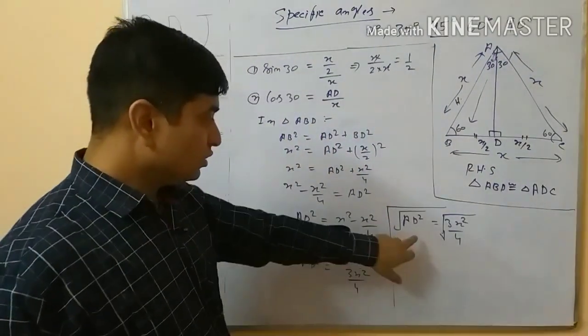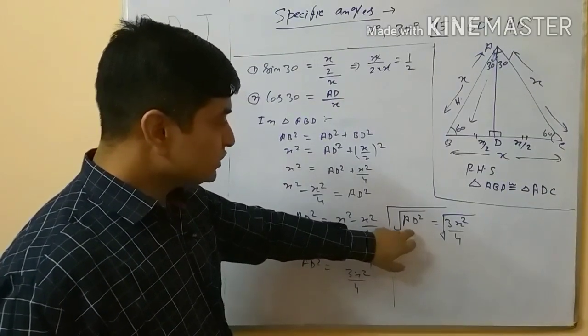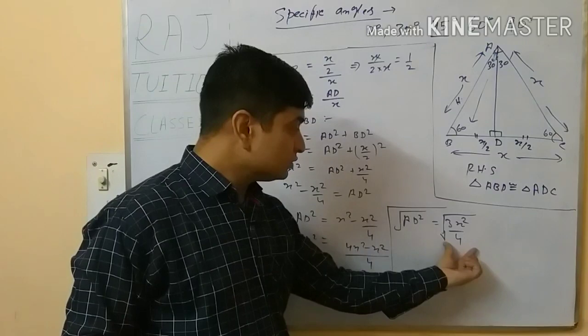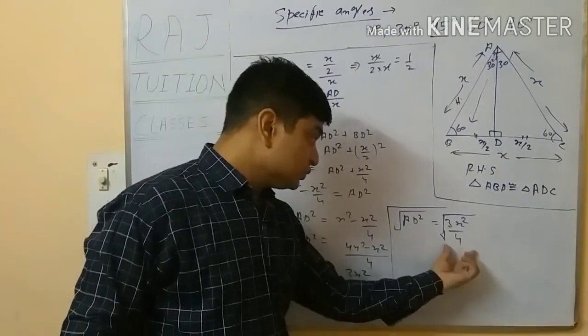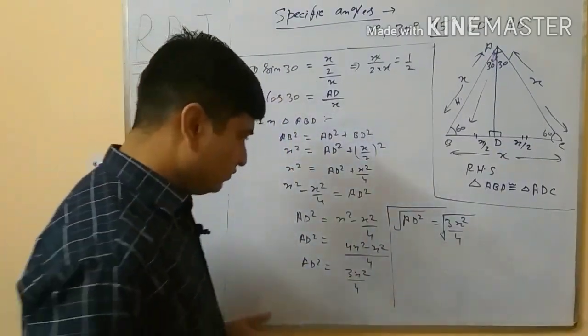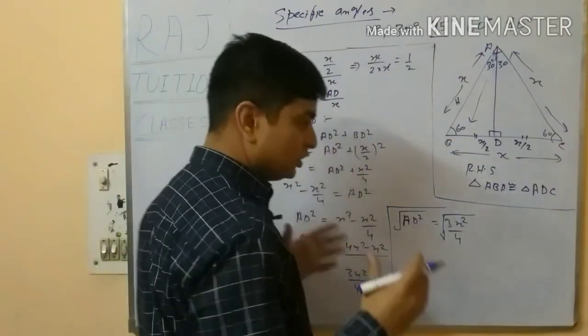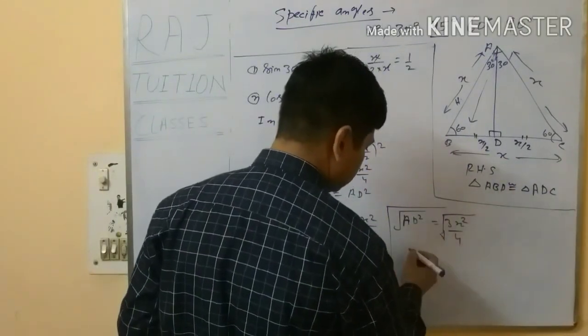If we take any action on the left hand side of an equation, we need to take the exact action on the right hand side also. Even small kids are aware of this. This is not a new thing I'm introducing.